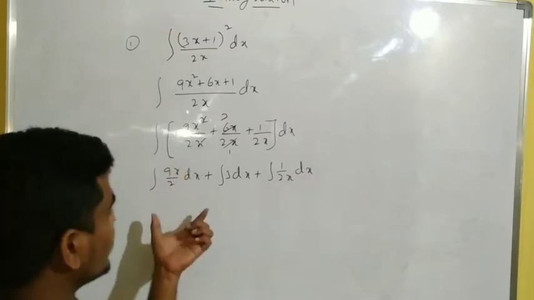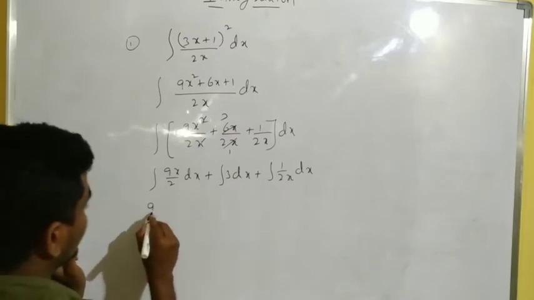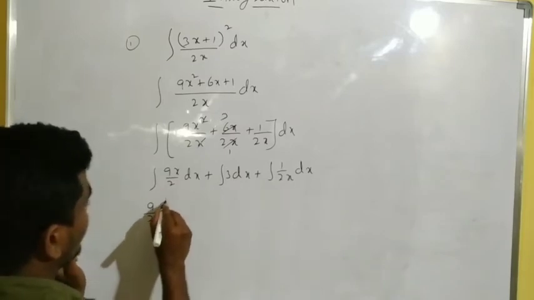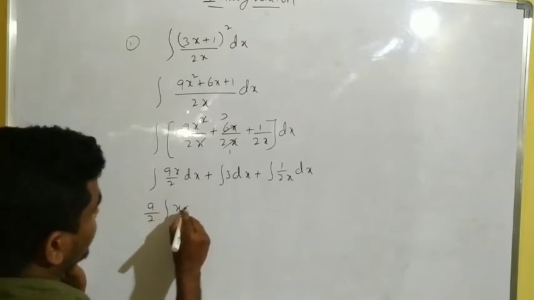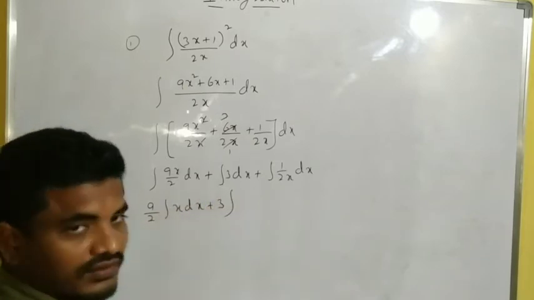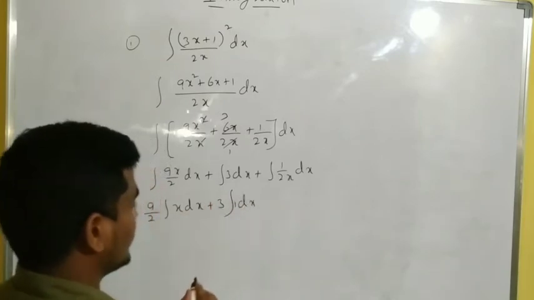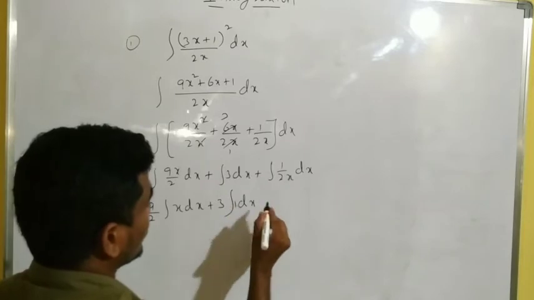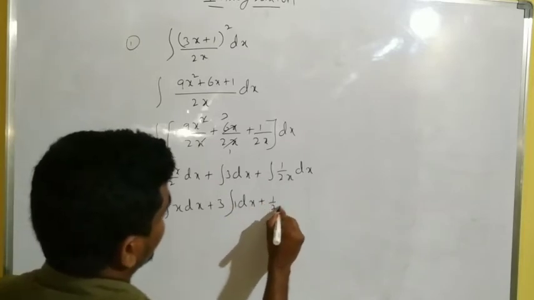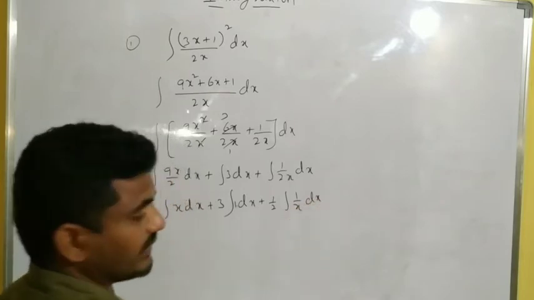And next, if there is any constant we can take it to the left side of the integration symbol. So 9 by 2 integration of x dx, plus here 3 is a constant, so only dx comes, 1 dx, plus 1 by 2 integration of 1 by x dx.